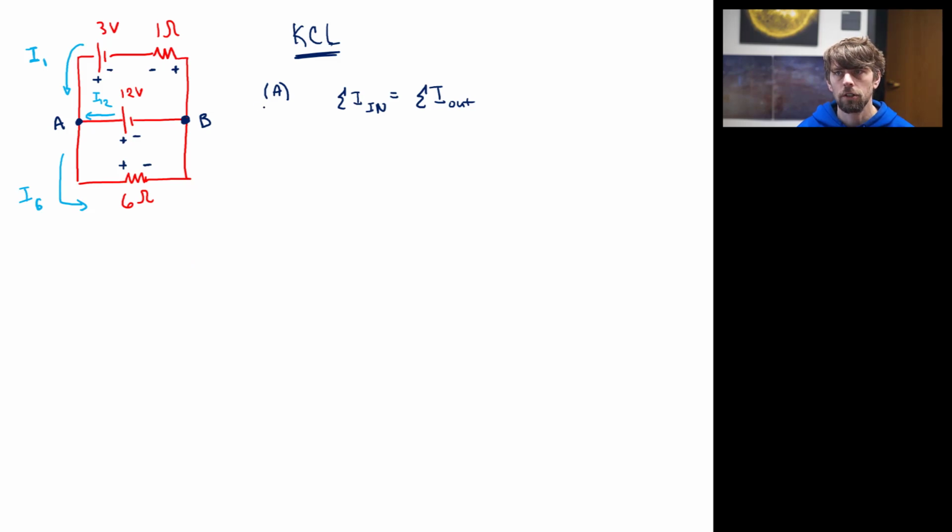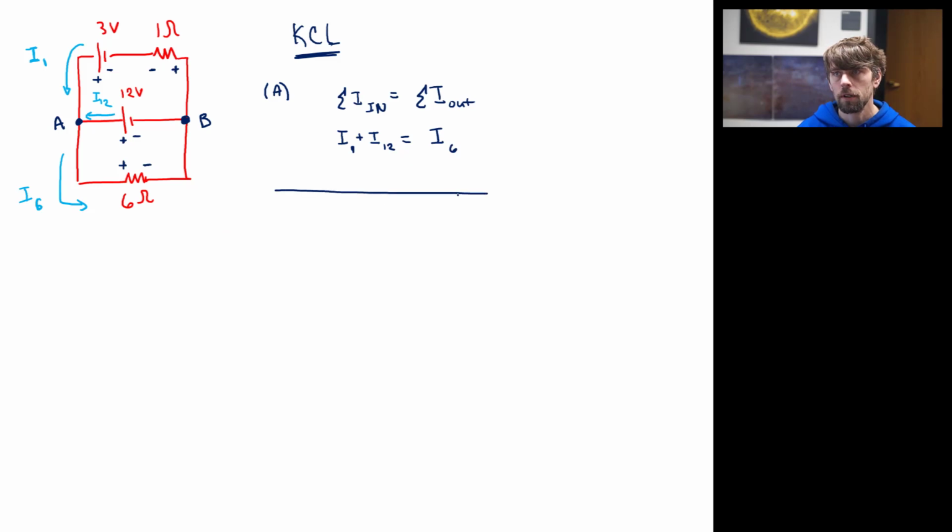So if I look at junction A, I see that I1 and I12 are both going into that junction, and coming out is I6. And I'm done. That's all there is to that.